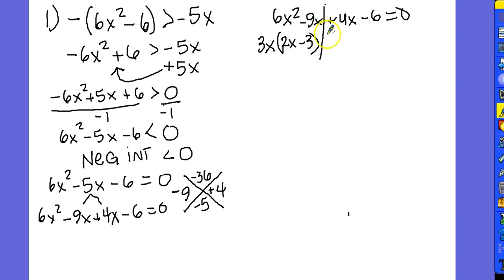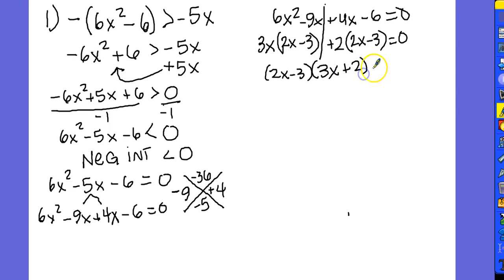In the back, what's our common factor? Positive or negative? So plus 2 times, there we go, equals 0. So our common binomial factor is 2x minus 3, and our other binomial factor will be our leftover numbers.